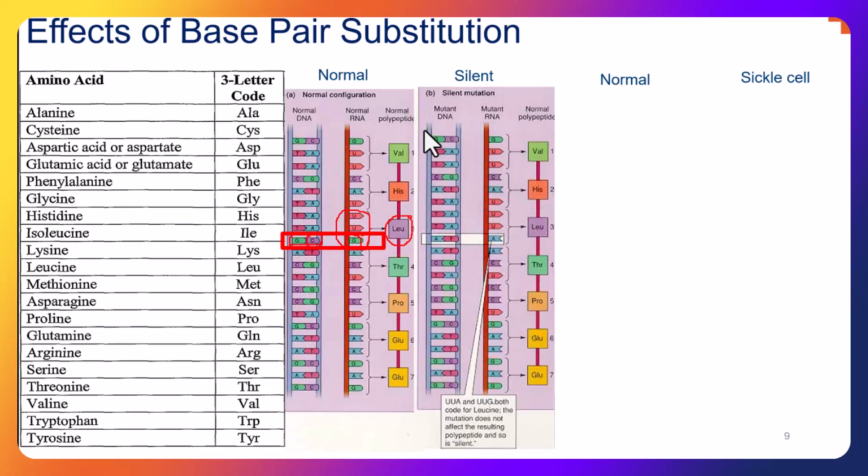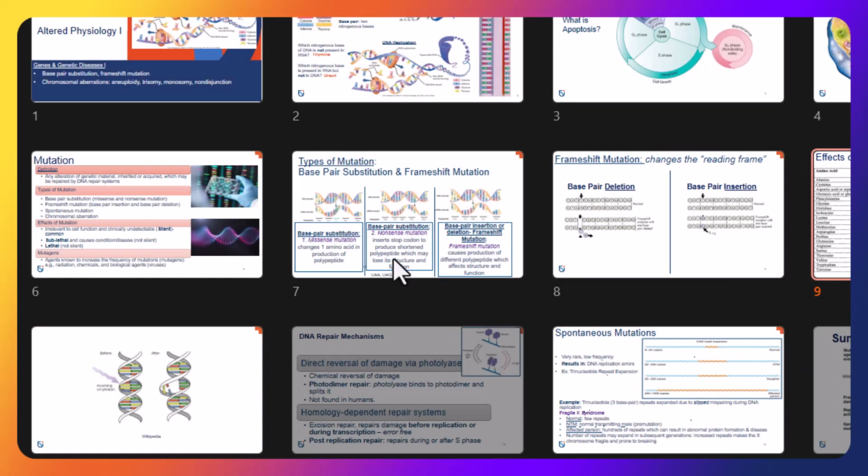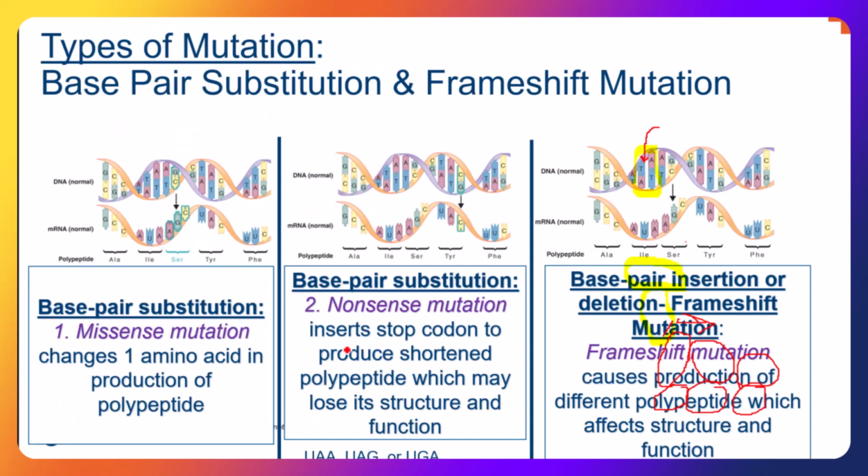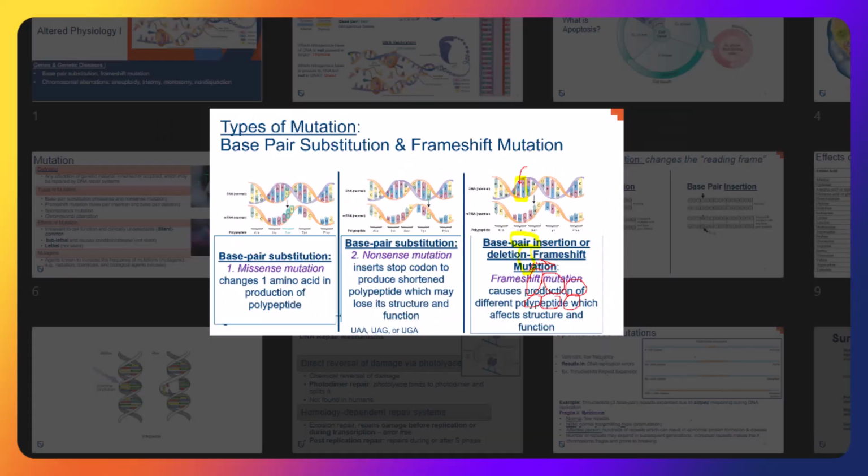With a silent mutation, and by the way, remember we're looking at base pair substitutions, right? Which brings us back to missense and nonsense mutations, which were the first 2 here.